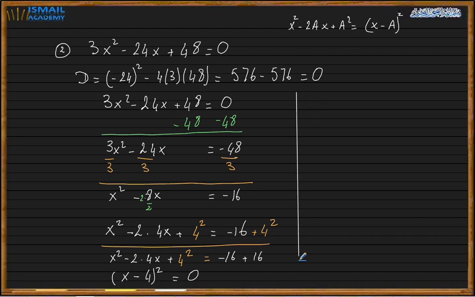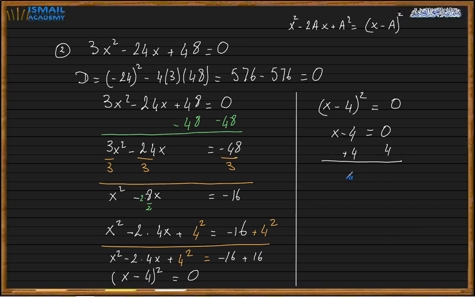So if it's equal to 0, that means x minus 4 equal to 0. If something squared equals 0, that means the number itself is 0. So I add 4 both sides, so x will be equal to 4 and my solution will be just 4.